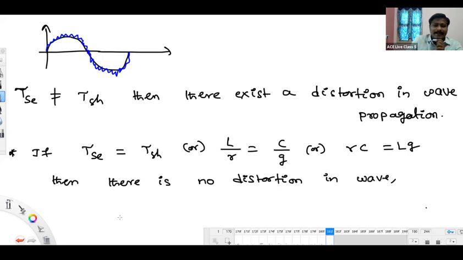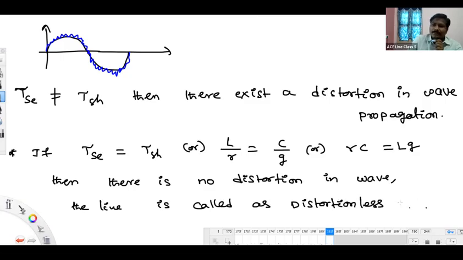And the line is going to be called a distortion-less transmission line.